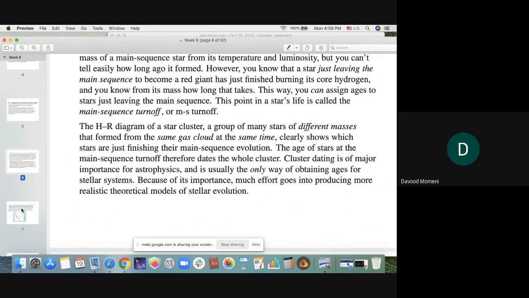Actually, the age of the stars at the main sequence gives you the age of the whole cluster. This is called cluster dating or cluster age. Cluster dating is very important because this is the only way we can estimate the age of stellar evolution.